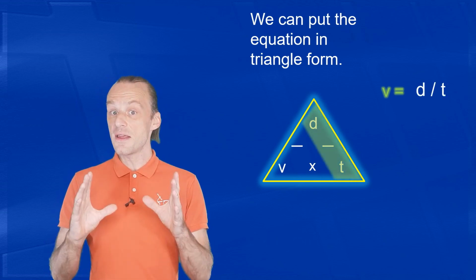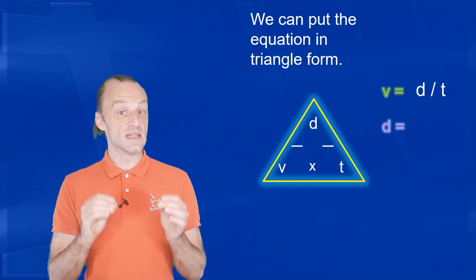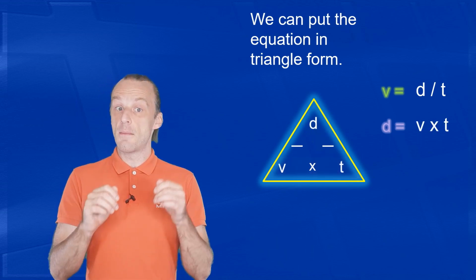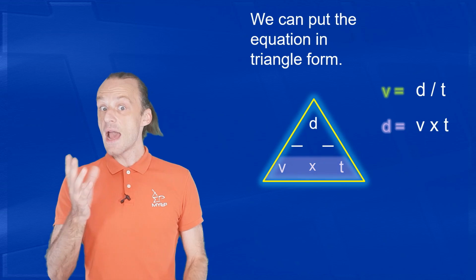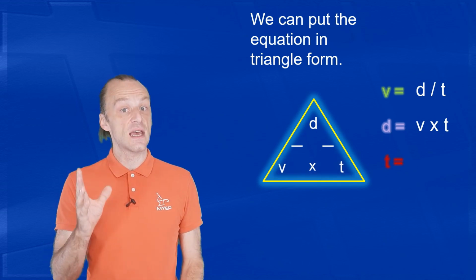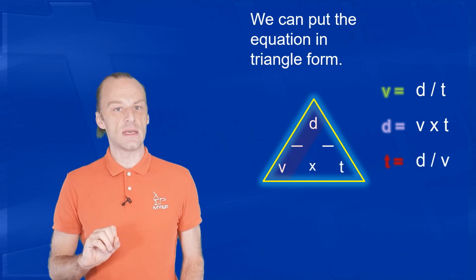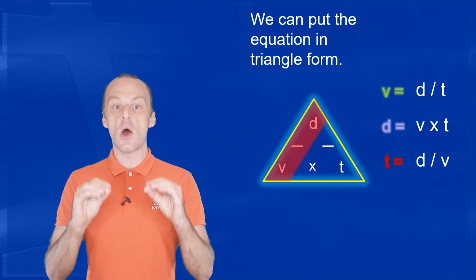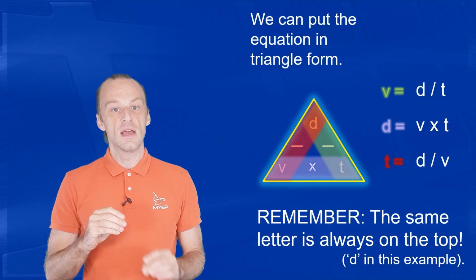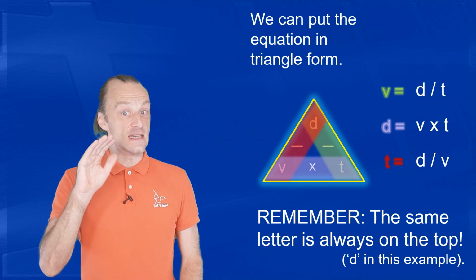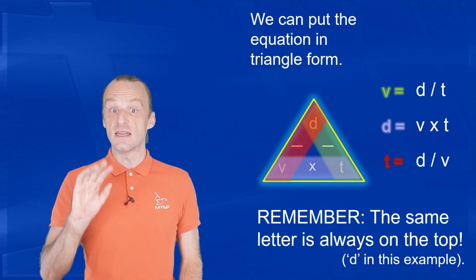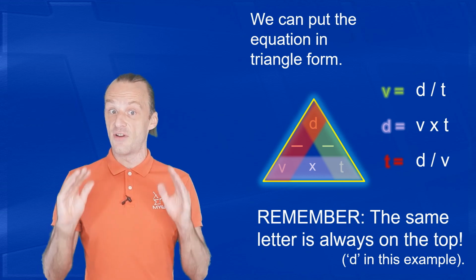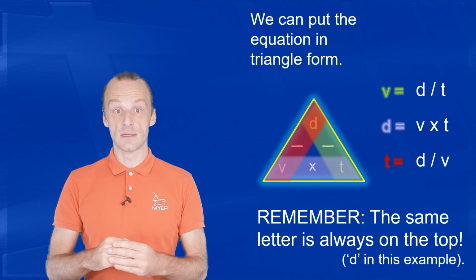But in the same triangle, we can also see that the distance d equals speed multiplied by time. And also that time t equals distance over speed. It is really important that the same letter always goes on top. So when you learn this triangle, d goes on the top, and that means that distance is always divided by one of the other letters.